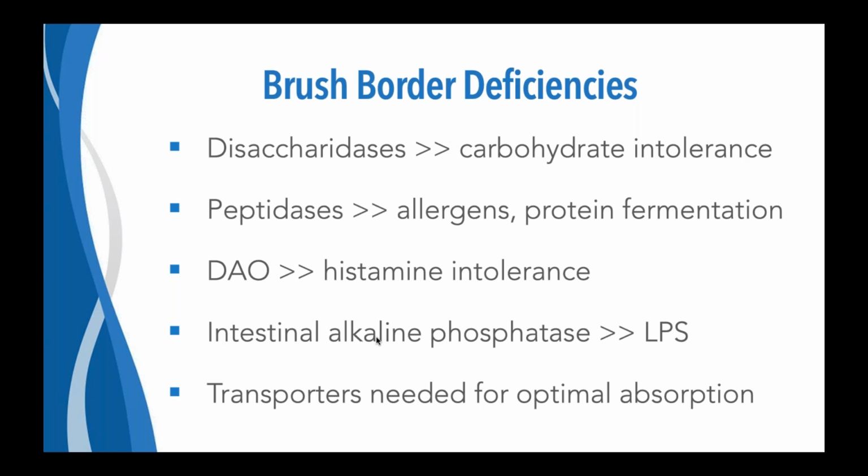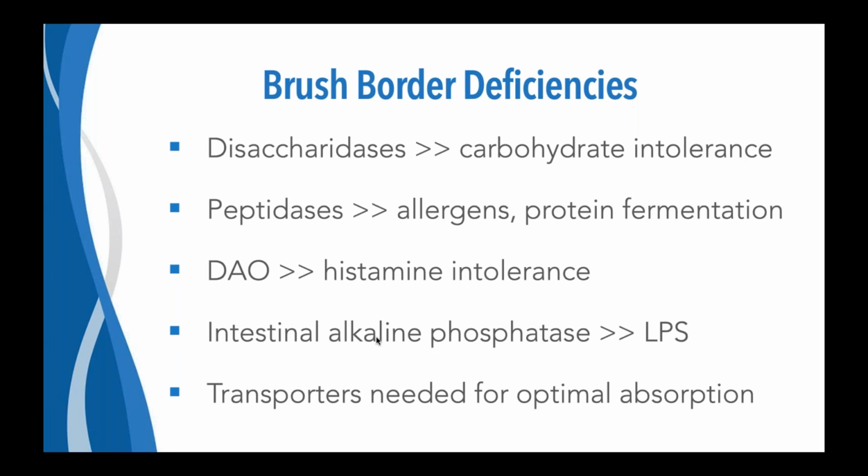But just as a reminder, the key brush border enzymes in the upper small intestine include the disaccharidases. When there's a deficiency of those, that can lead to carbohydrate intolerance. With the peptidases, a deficiency may contribute to the production or retention of allergens. Essentially those proteins can't be fully broken down, so they may retain their ability to be allergenic.